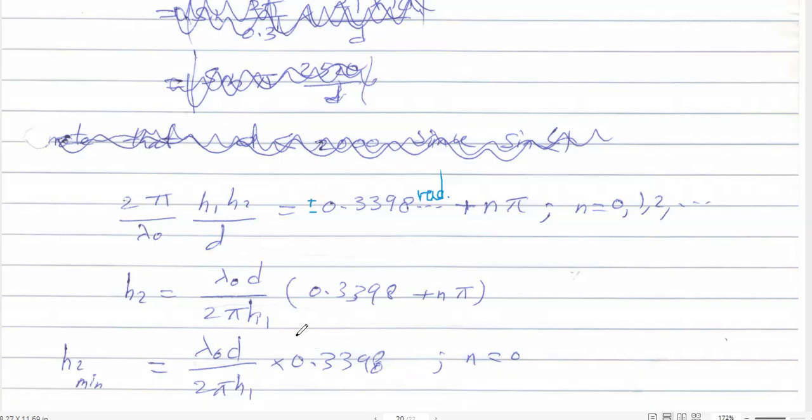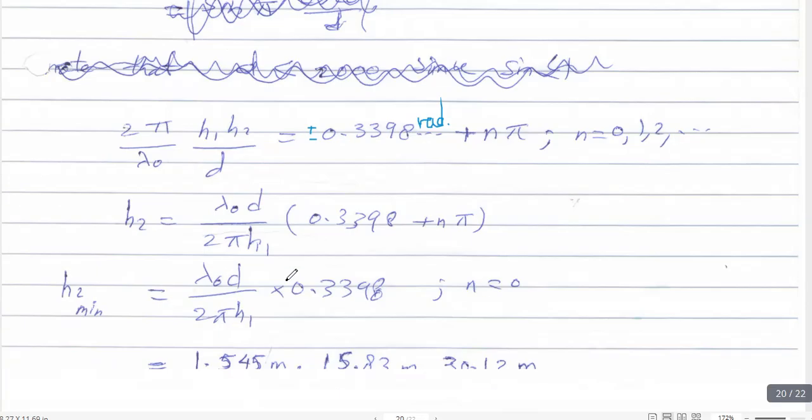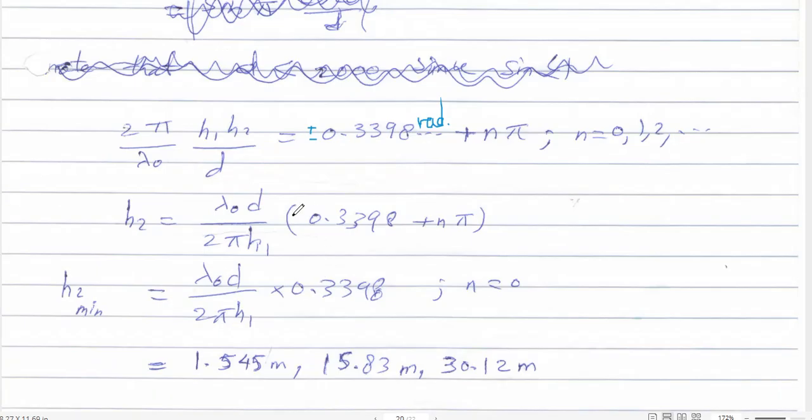If you substitute the values of H1, H2, lambda naught, you will obtain this equation here. But this here should be plus or minus again. And H2 is equal to minimum. For n equal to 0, we have the positive value only, of course, this value.